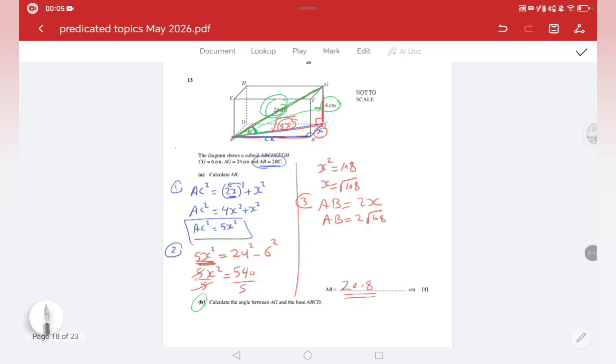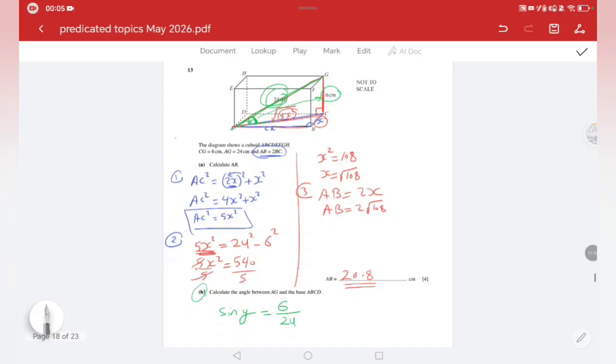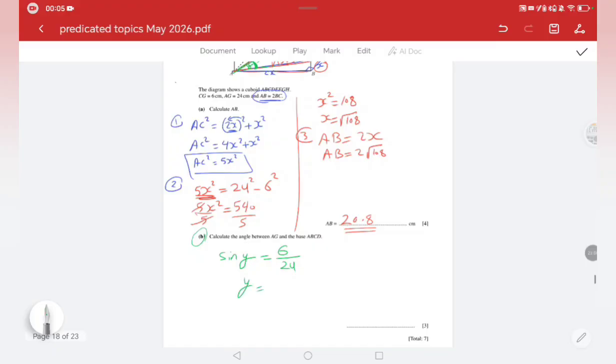So we can use what? We can use sine. So sine y equals the opposite, which is 6, divided by 24. So y equals sine inverse of 6 over 24. Shift sine of 6 over 24.